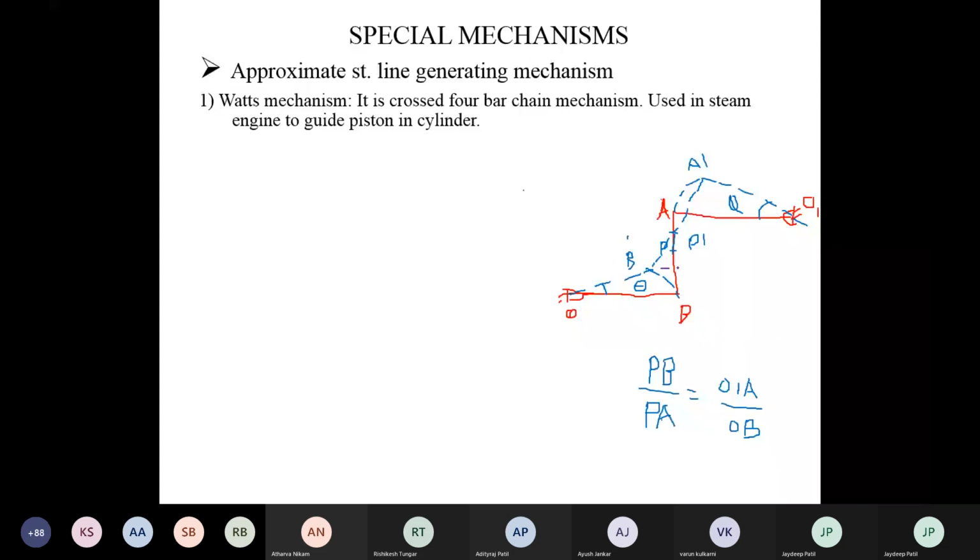Now this is I. Join this I to P. Now you will get the angle. What is this angle? Tell me.